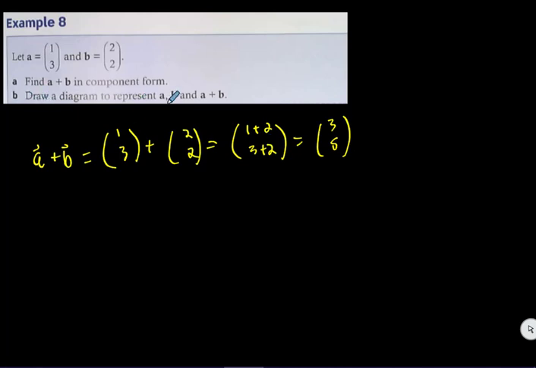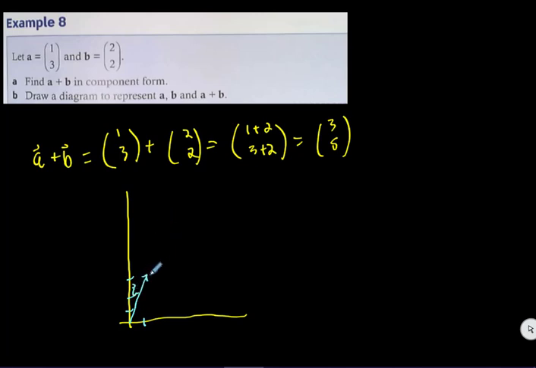And then they want us to draw a diagram to show what this looks like. The way we can do that is like this. The first vector would have been 1, 3, so I can go over 1, then up 3, just like that, and that would be that vector right there, and that's a. Good.